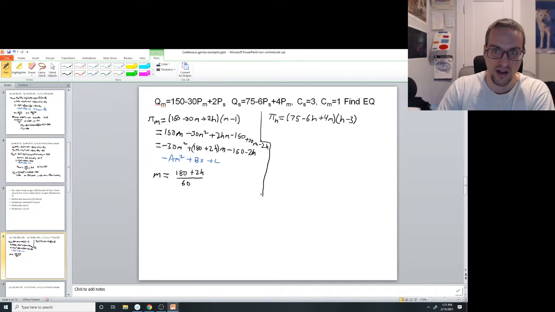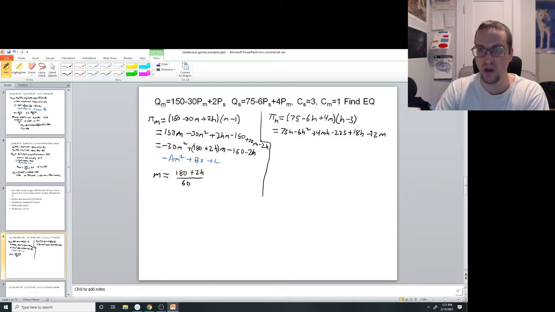Now I can't assume that h and m are the same, so I can't quite do that this time. So I have to go now to the other side here. This is going to come out to be 75h minus 6h squared plus 4mh minus 225 plus 18h minus 12m. Again, rearrange, same idea.